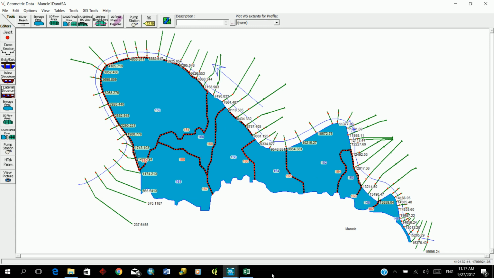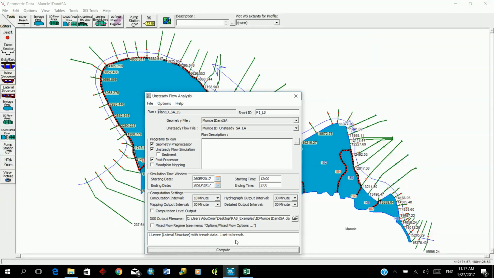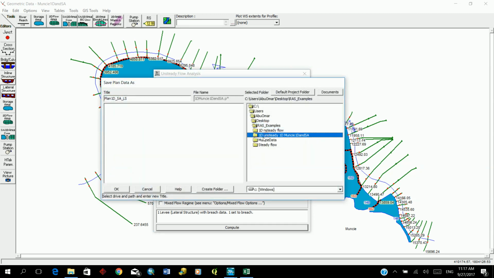Do you have the same? I have what's happened. One or more. Yes. Can you go down to see the error? Save plan as. Allowable tolerance.